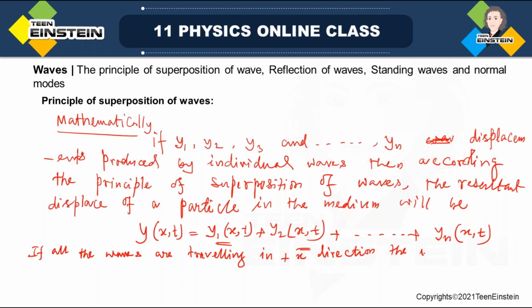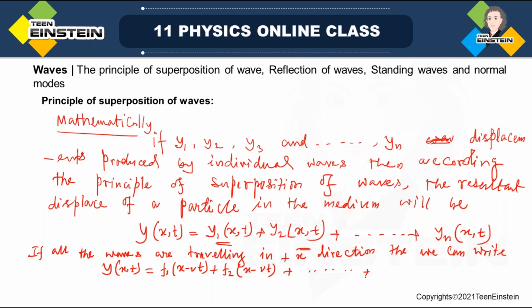then we can write y(x,t), that resultant displacement, will be a function f1 of (x minus vt) plus f2 of (x minus vt), like that.